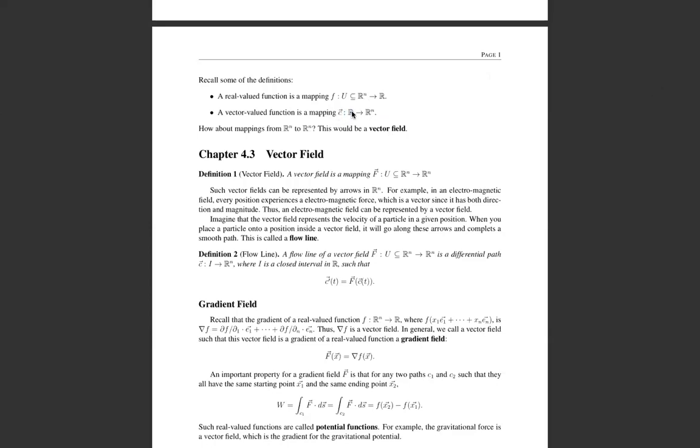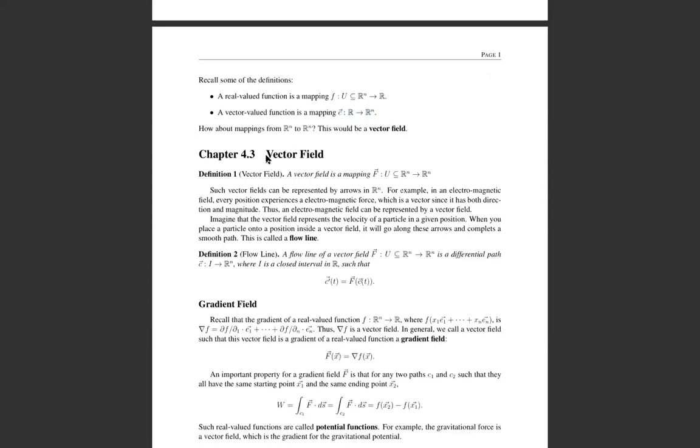So an example would be a path, and at a certain time stamp you output a position in Rn.